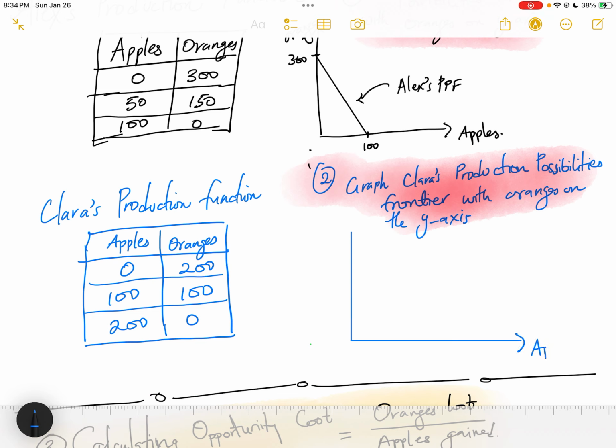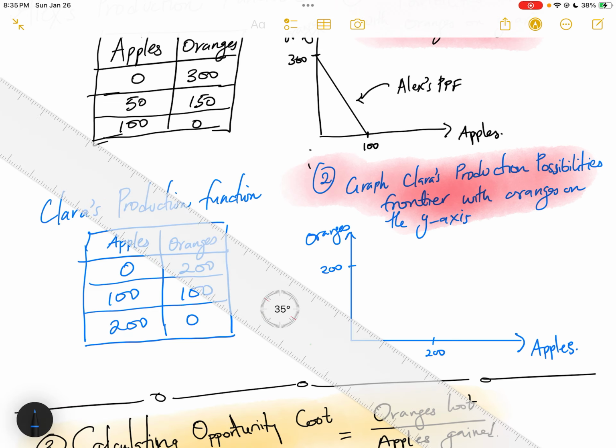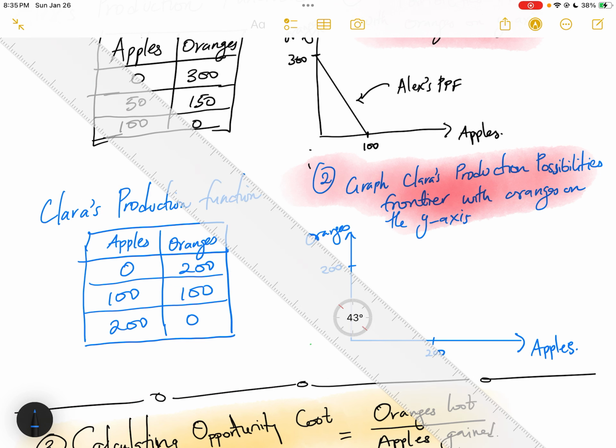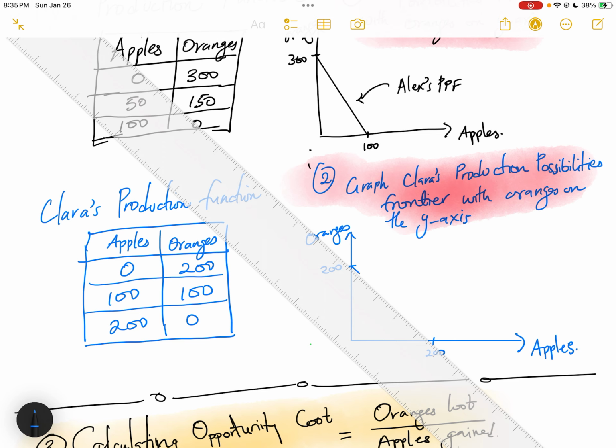Alright, so we have apples on this x-axis and we have oranges on this y-axis. Now, the maximum number of oranges that Clara can produce is 200. The maximum number of apples that Clara can produce is also 200. So hey, this one is super easy, right? You can just join these two and you are almost done.